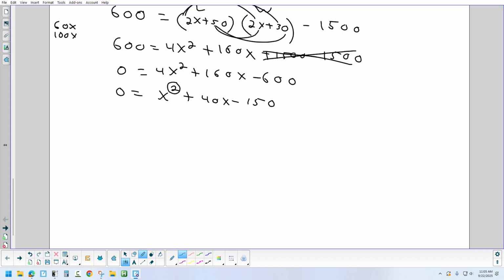Is it negative b plus or minus the square root of b squared minus 4ac, divided by 2a? Perfect. We just have to make sure we understand what the a, the b, and the c are in our problem. First of all, they're all numbers, not variables. Can anybody tell me what a is going to be there?